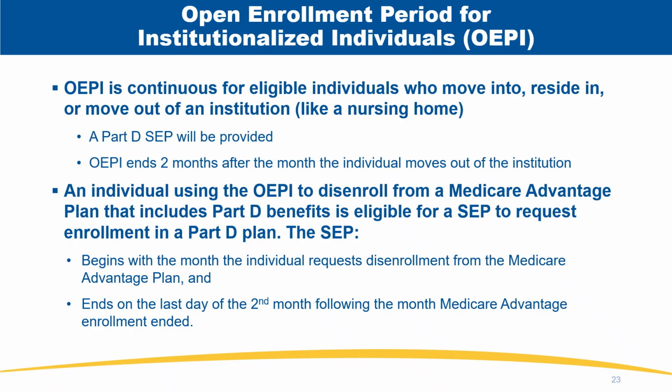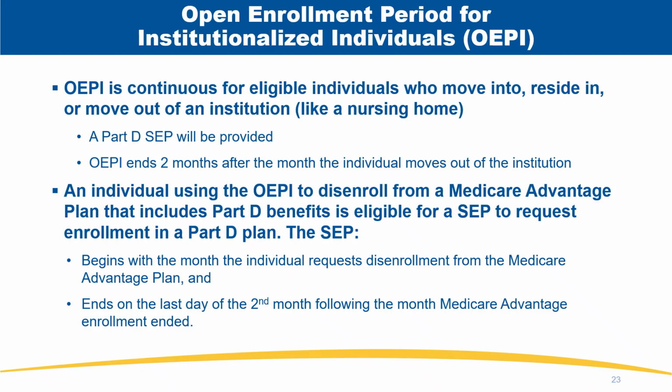A Part D special enrollment period will be provided to an individual who moves into, resides in, or moves out of an institution. A Medicare Advantage eligible institutionalized individual can make an unlimited number of Medicare Advantage enrollment requests during the OEPI.